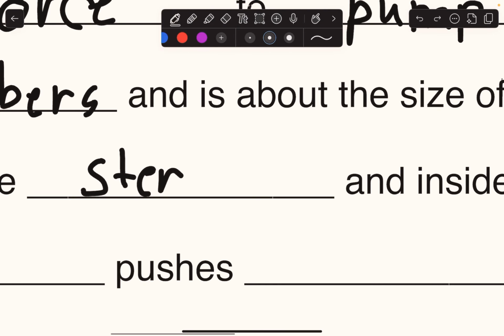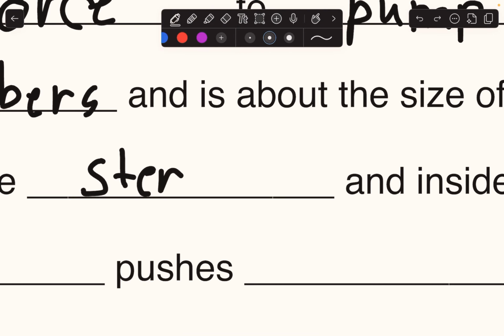It has slight cartilage on the sides, and it's connected to the ribs, and it's in the middle, inside the rib cage.